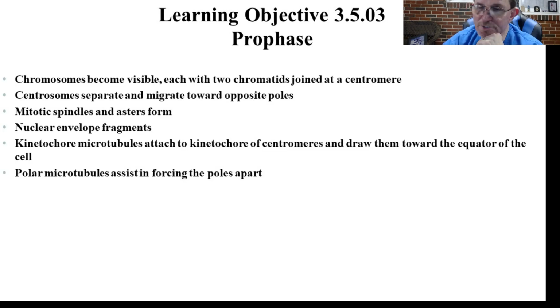Prophase, visible, we got two chromatids joined at the centromere. Well, the centromere is the part that has the kinetochores. It's a region. Centrosomes, and remember those are what the centrioles are, going to opposite sides of the cell we talked about.